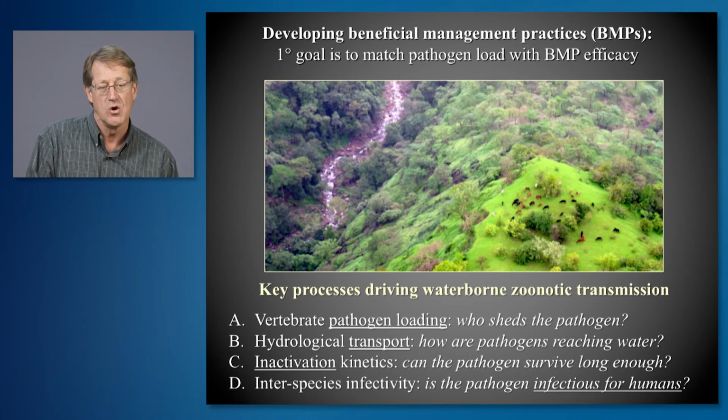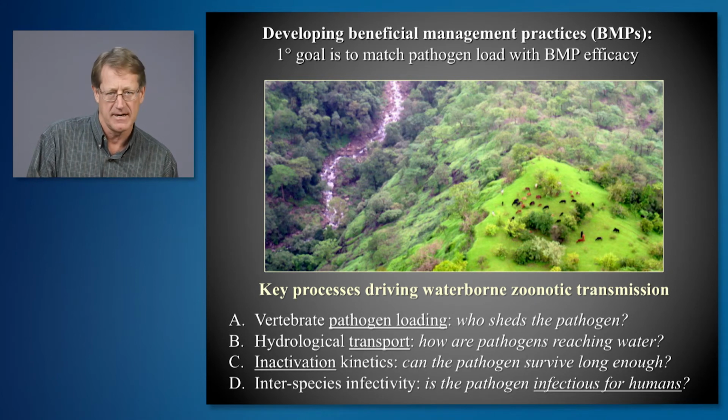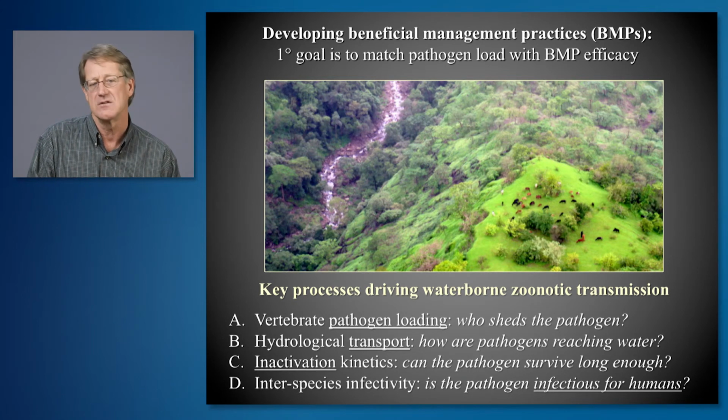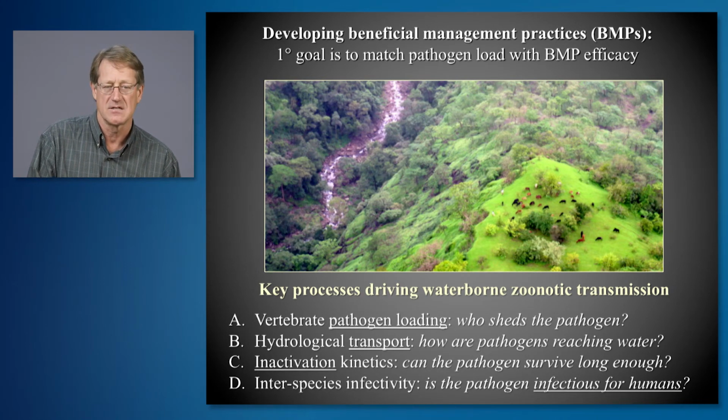So we need to know who sheds the pathogens to target these BMPs, management practices. How does it reach the water? How does the transport, how does connectivity when it rains, how does overland flow occur, and how can we prevent that using either strategic placement of livestock, excluding them from sensitive areas in the fall, or as a last resort perhaps temporary or permanent fencing.